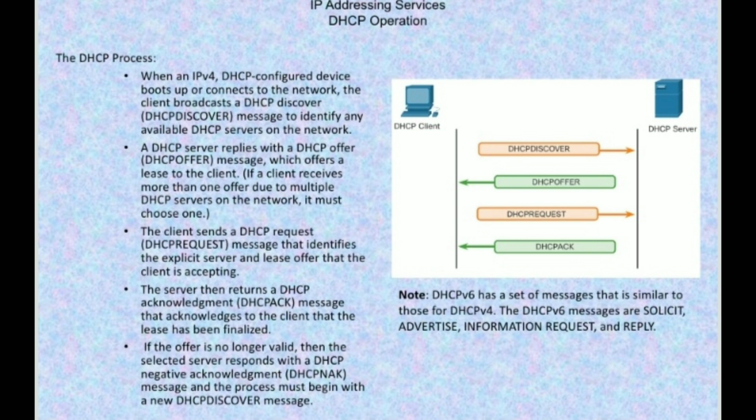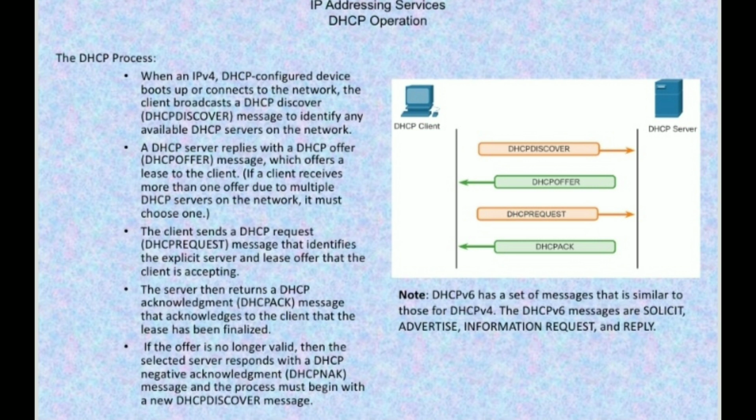If a client receives more than one offer due to multiple DHCP servers on the network, it must choose one. The client sends a DHCP request message that identifies the explicit server and lease offer that the client is accepting.